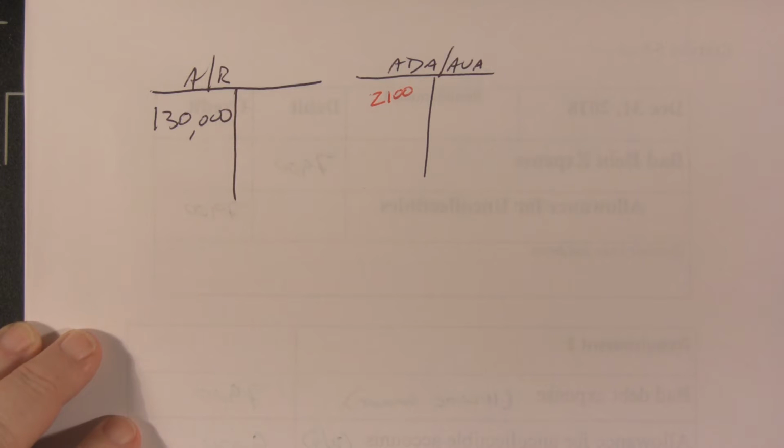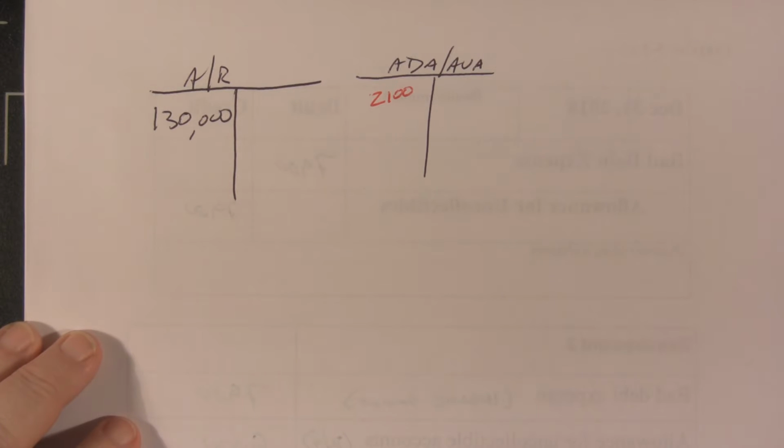What that means is that last year we had more uncollected accounts than we had set up the allowance for. Last year was a bad year for collections. We collected less than we expected.